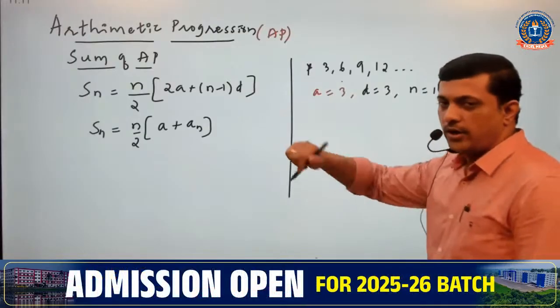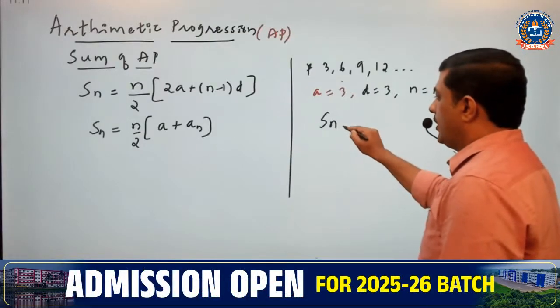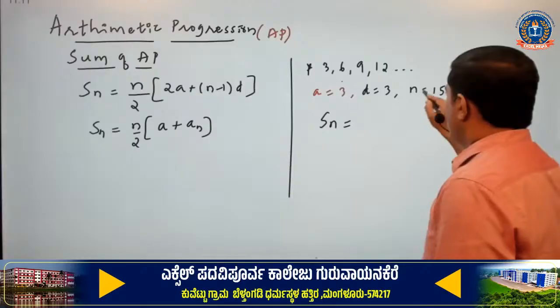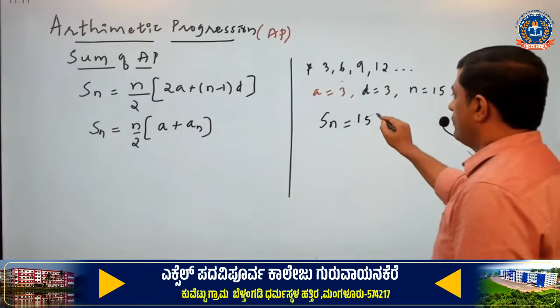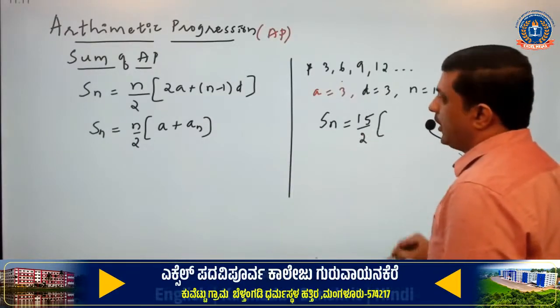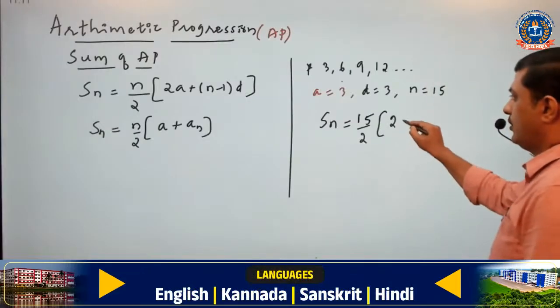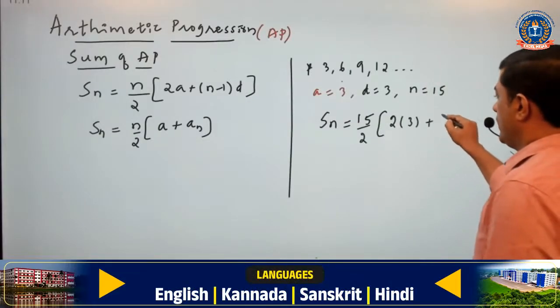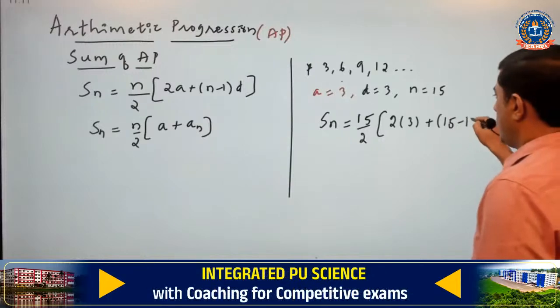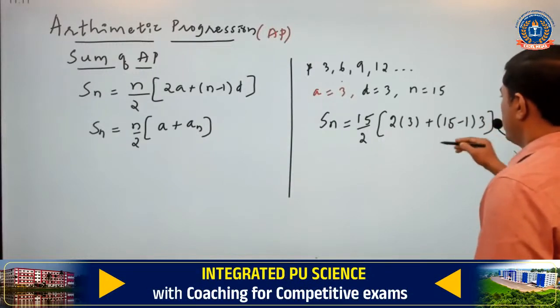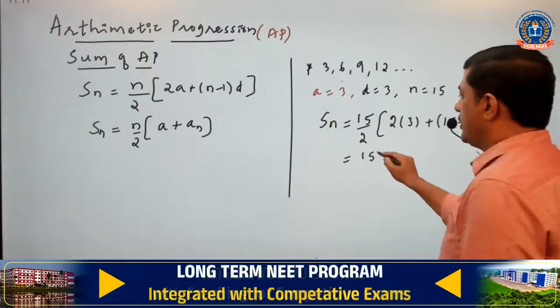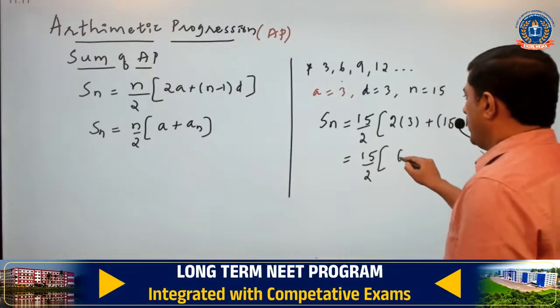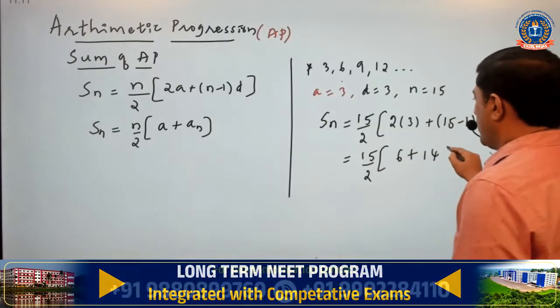Then substitute in the Sn. Sn equal to 15 by 2, 2 into 3 plus 15 minus 1 into 3. A small simplification, 15 by 2, it is 6 plus 14 into 3.